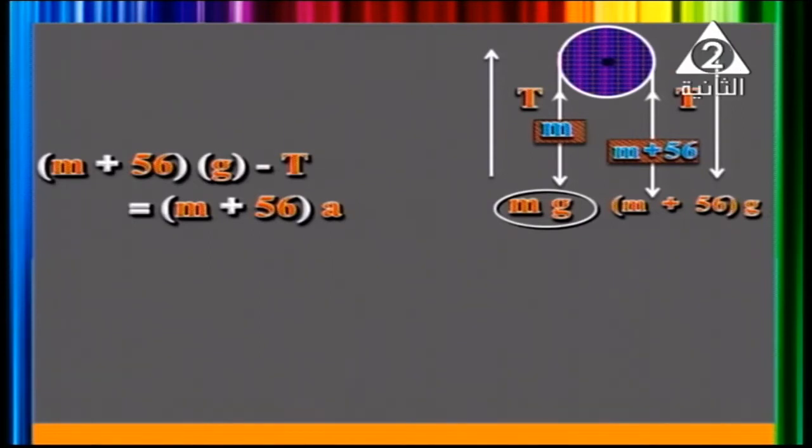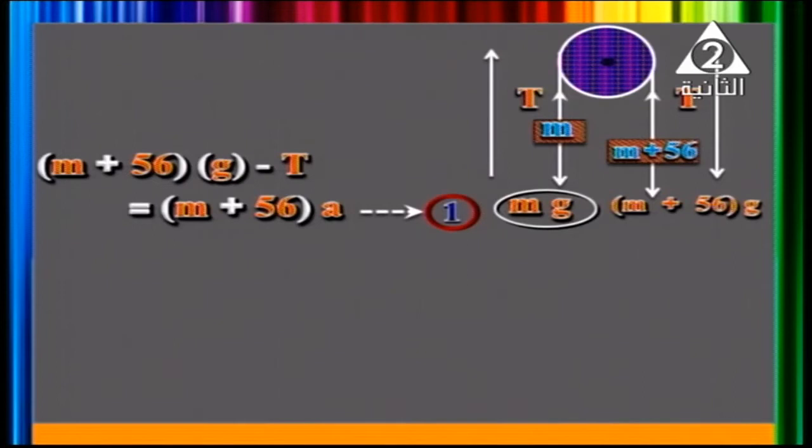What is the rule? ma equals F minus mg. For the first body, (m plus 56) multiplied by g minus T equals (m plus 56) multiplied by a. This is the first equation of the motion.